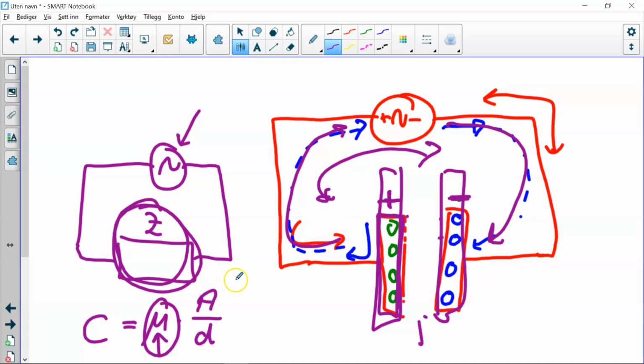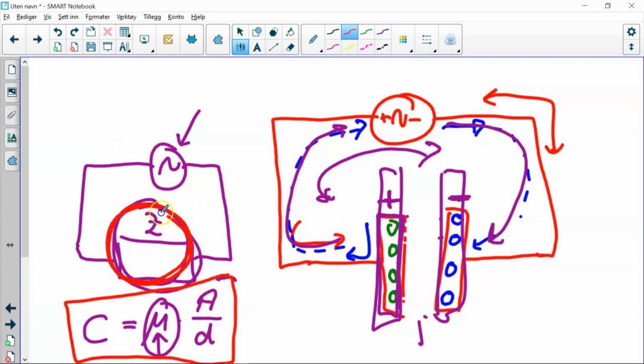But the thing that you must remember is that if we can manipulate the size of the capacitance, we can make a circuit where the capacitance manipulates the amount of current in the circuit. So let me write that in another way.